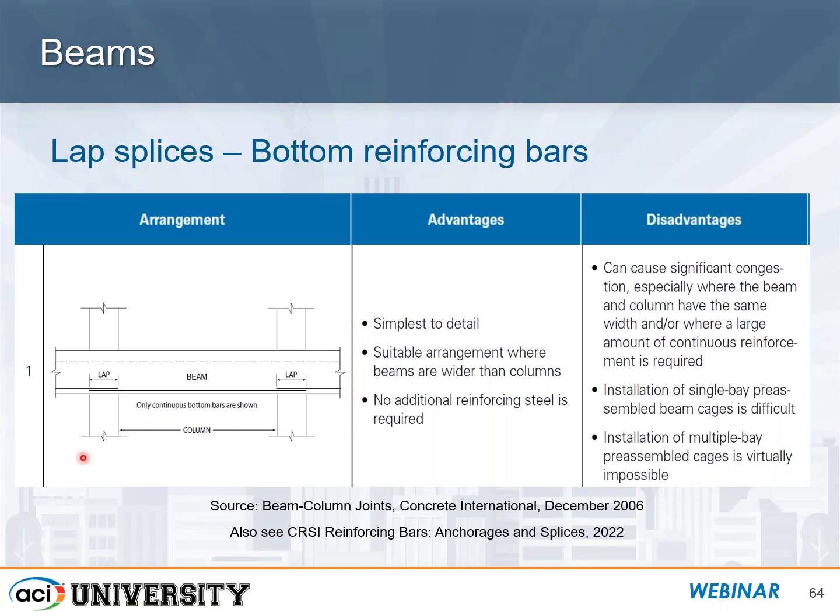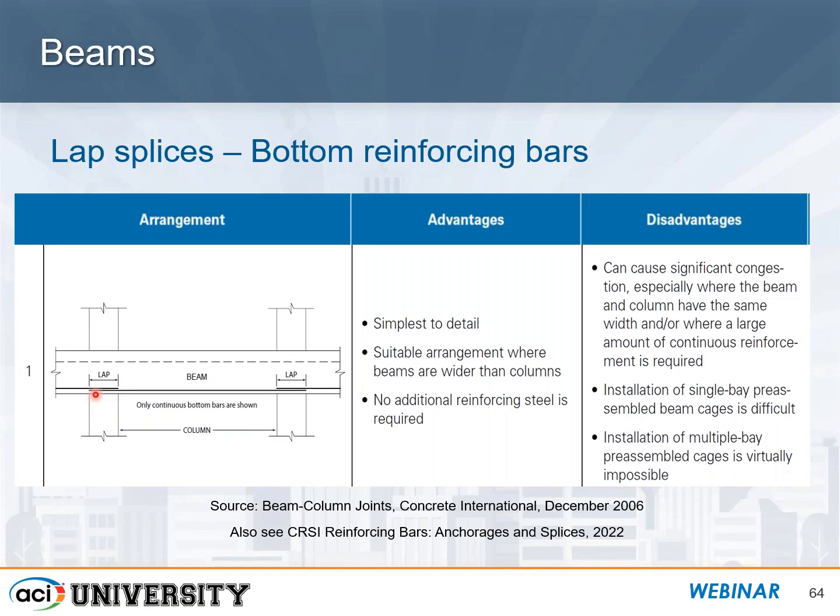So this is nice and simple here. Everything looks good, but let's keep in mind that we've got a lot of other bars coming in here from the longitudinal bars in the column. And so when you have all these additional lap splices here, the steel could certainly cause some congestion.